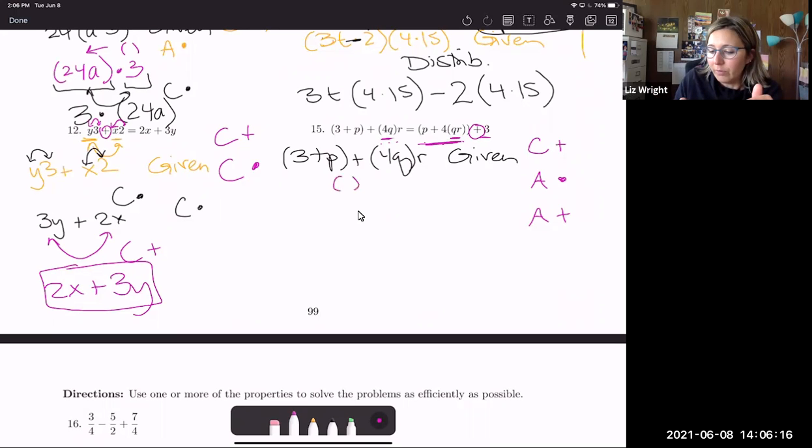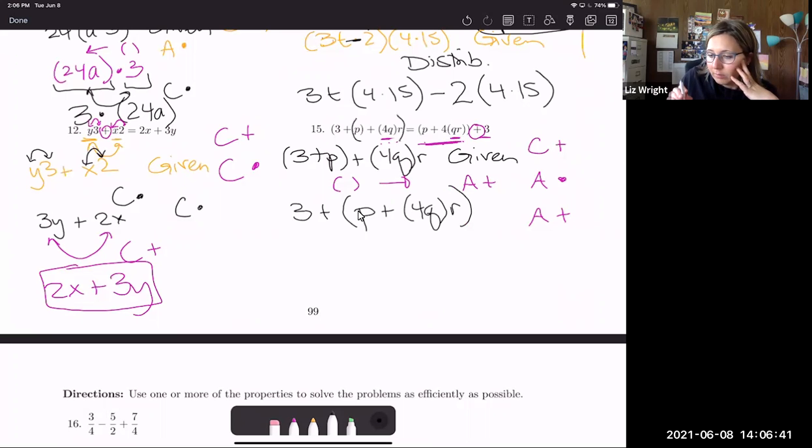So I'm going to move my parentheses over, and this is going to be my associative of addition when I get ready to do this. And so I'm going to have the 3, and I'm going to have the parentheses of P plus parentheses 4QR and parentheses. All right, so essentially what I have is I just put this together, right?